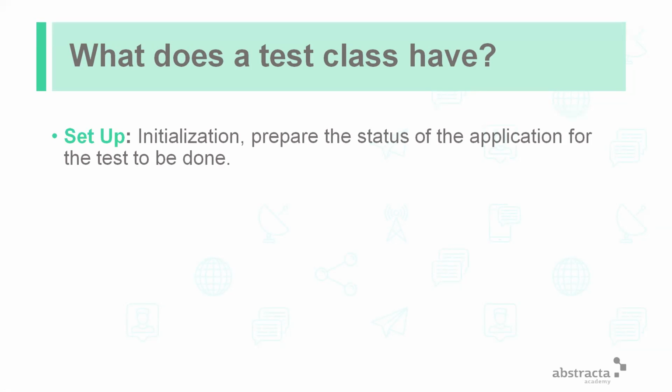We have a setup method, where we initialize and prepare all our needs. In this case, we will prepare the state of the application to perform the test. Here you can open database connections, or if you need data from external sources like an Excel or CSV file, you must do it in the setup method.